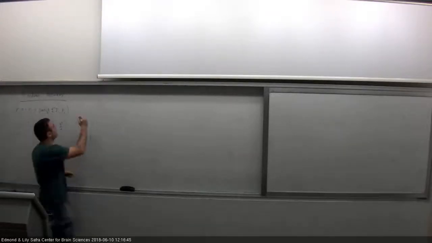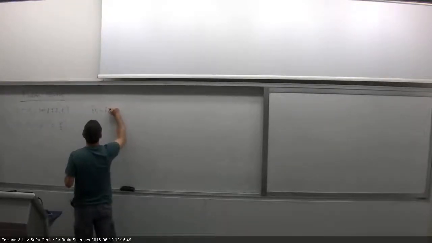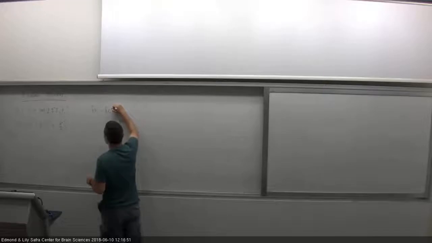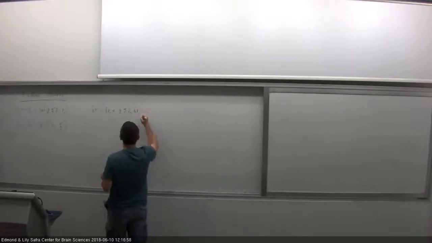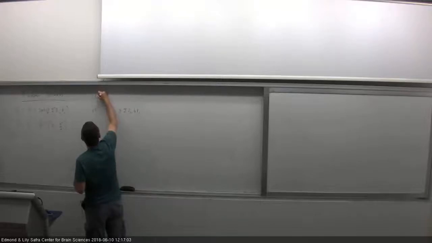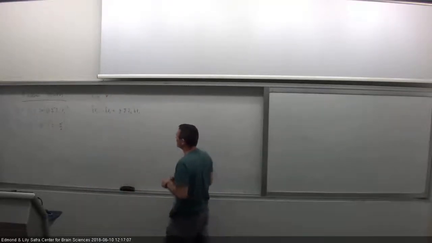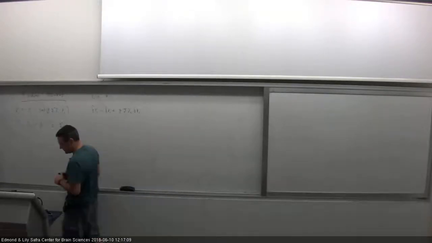Linearize. Okay, let's linearize it. So the linear equation will be delta ri dot is equal to minus delta ri plus beta sum over j of Jij delta rj, where we linearize around ri equal to 0 for all i. Okay, so we have a set of linear equations.